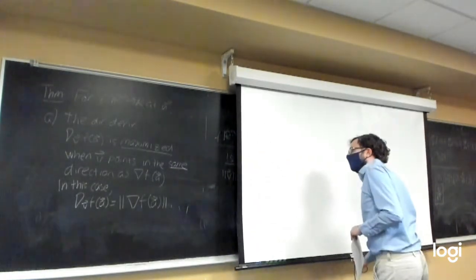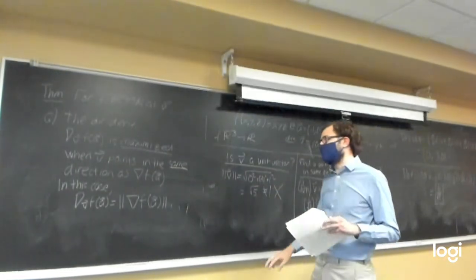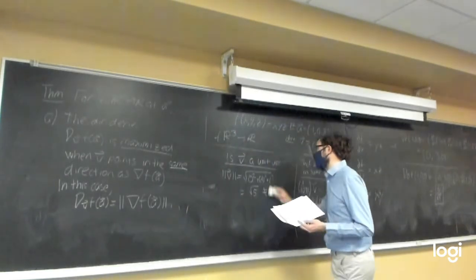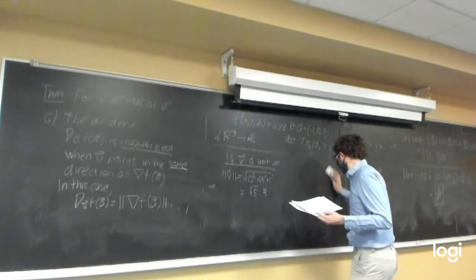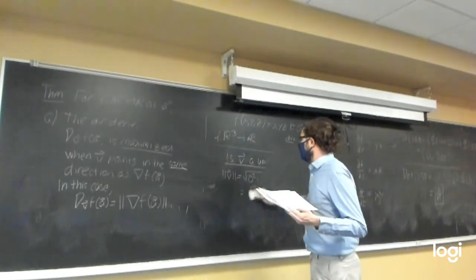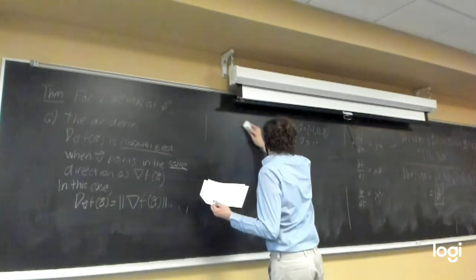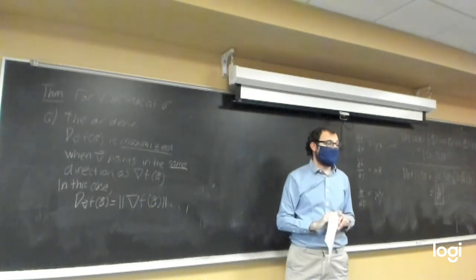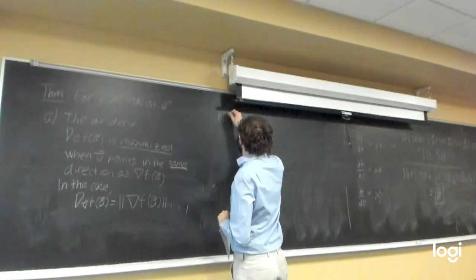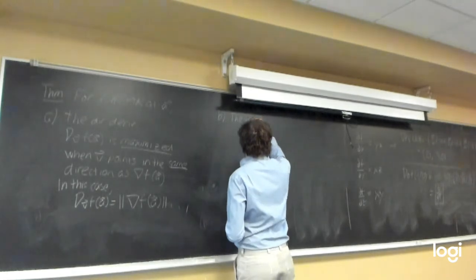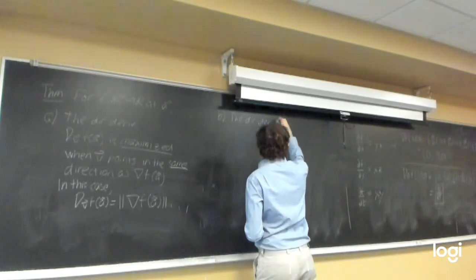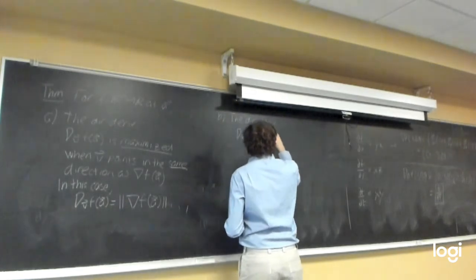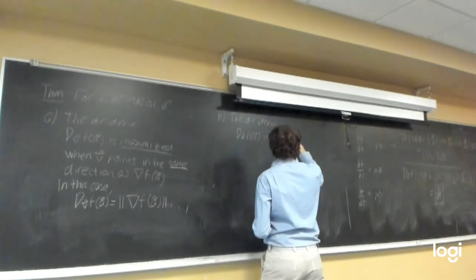And on a similar note, we can also talk about which direction we can travel in to make the directional derivative as negative as possible, or as small as possible. The steepest downhill direction, it's going to turn out, will be in the exact opposite direction to the gradient. So the directional derivative D_v f(a) is going to be minimized.